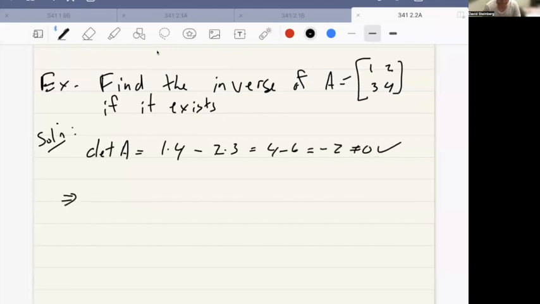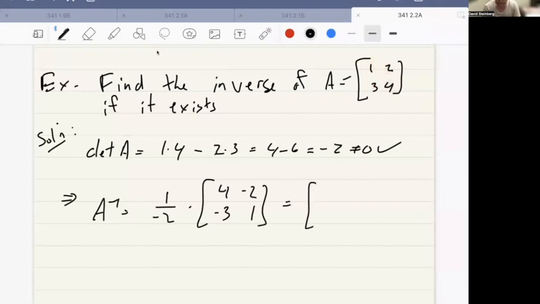So this means that A inverse is just 1 over -2. And then what are we doing? We want to swap the diagonal entries and negate the off diagonals. So this becomes 4 and 1, and then -2 and -3. Or if you like, you can write this as 4 over -2 is -2, -2 over -2 is 1, -3 over -2 is 3 halves, and then 1 over -2 is -1/2.